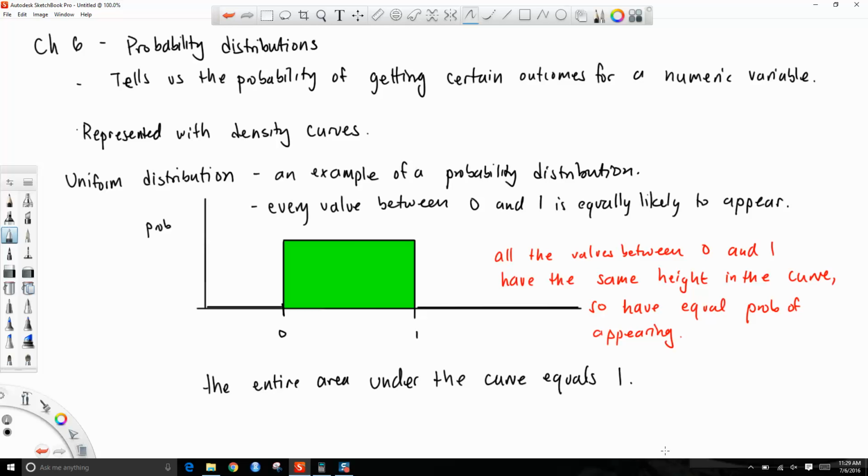Okay, so if the entire area under the curve is 1, and let's say I draw a line from 0.2 to 0.5. Okay, and I shade this part in another color here, okay? How much is shaded in blue now?